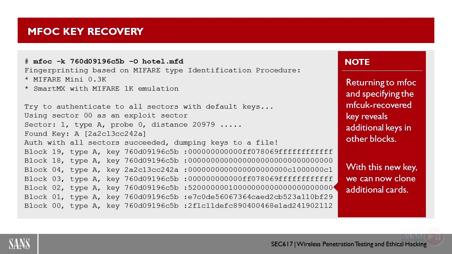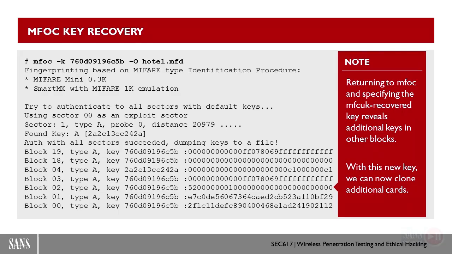Now that we have that key, the 6C5B key, we can now provide that from the command line to MFOC to implement the nested attack. And in this case, MFOC specifying a new default key on the command line that we recovered from the MFCUK attack, and then attempt to read the card and dump its output to a file of hotel.mfd.